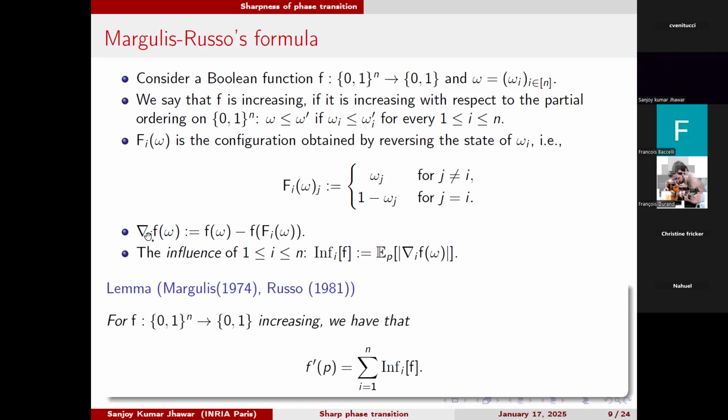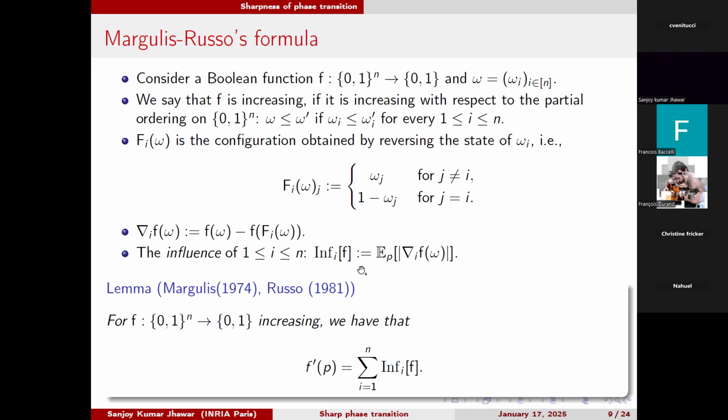Then you can define another function, nabla of f, that is the difference of the function values at these two vectors. Okay. And then try to calculate the expected value of the absolute value of these two differences.